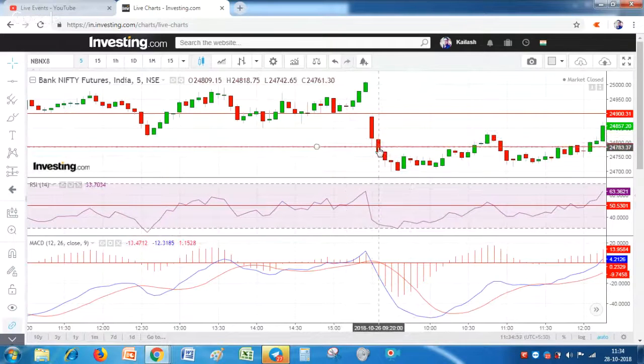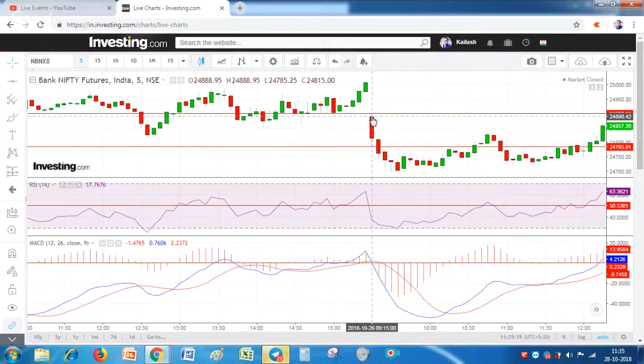So we can go short at the level of 24,785 or so. Yes, approximately 85 level. And friends, we need to keep our stop loss at the first candle high, minimum.